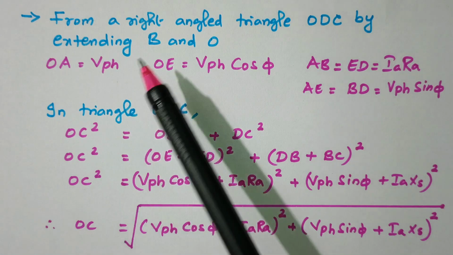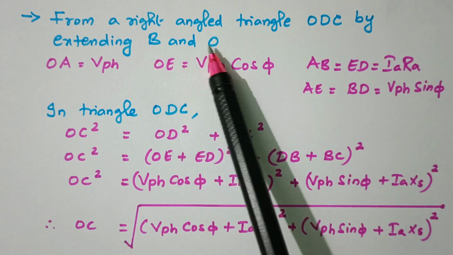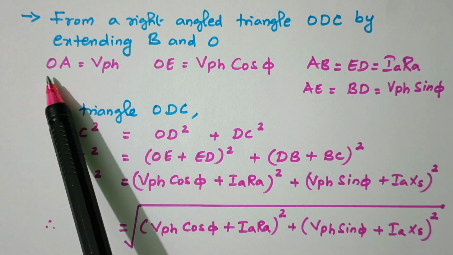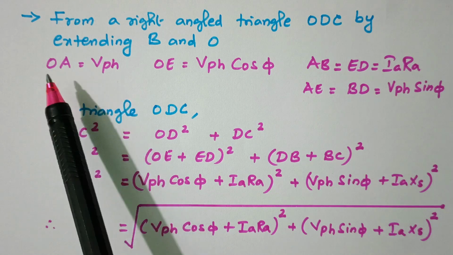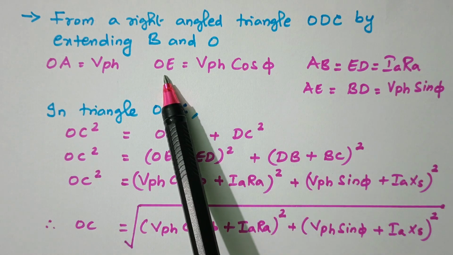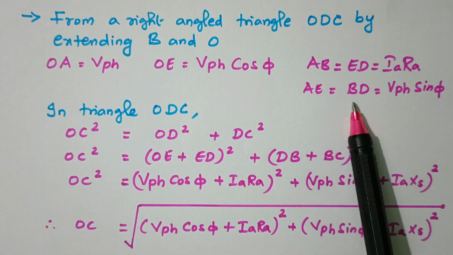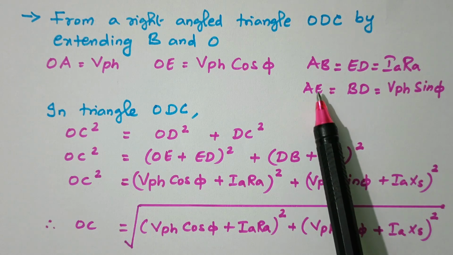So from the right angled triangle ODC, by extending the points B and O, we know that OA equal to V phase. Just now we discussed. V phase cos phi is OE. V phase sin phi is AE and also BD. Both are the same.